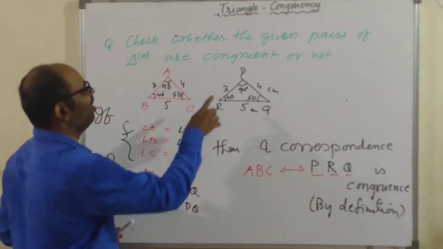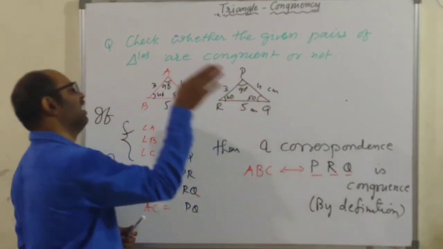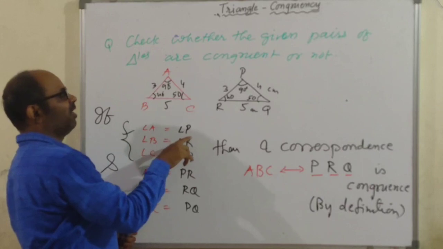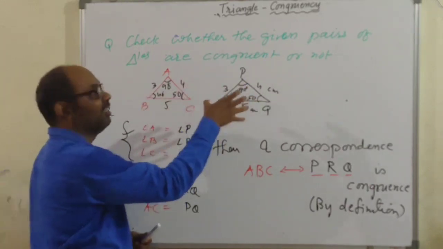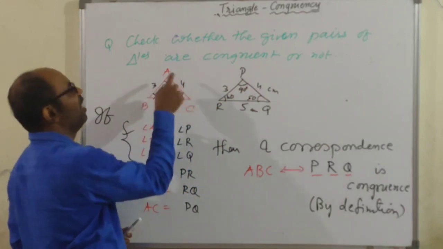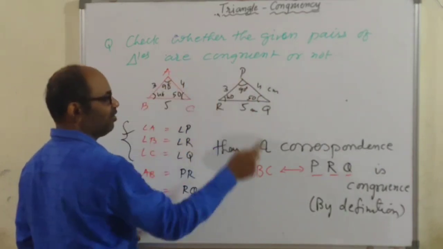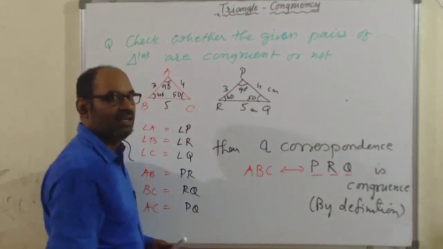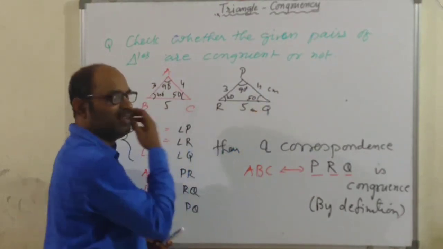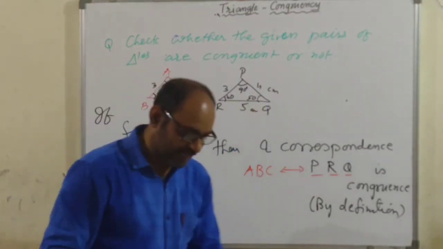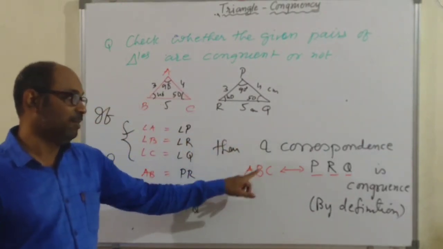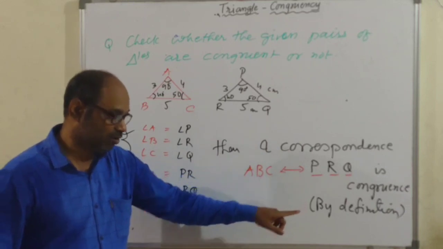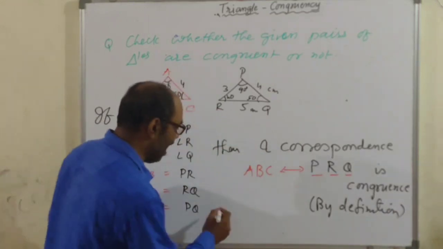No. इसको overturn करके करना पड़ेगा. Okay? Sorry. It will coincide. सीधा रखेंगे तो भी coincide होगा. ABC corresponds to PRQ. Are you getting me here? If I had written Q here and R here, sometimes you will see that. आगे जाके हम देखते हैं, right? So here correspondence ABC corresponds to PRQ is congruence by definition.